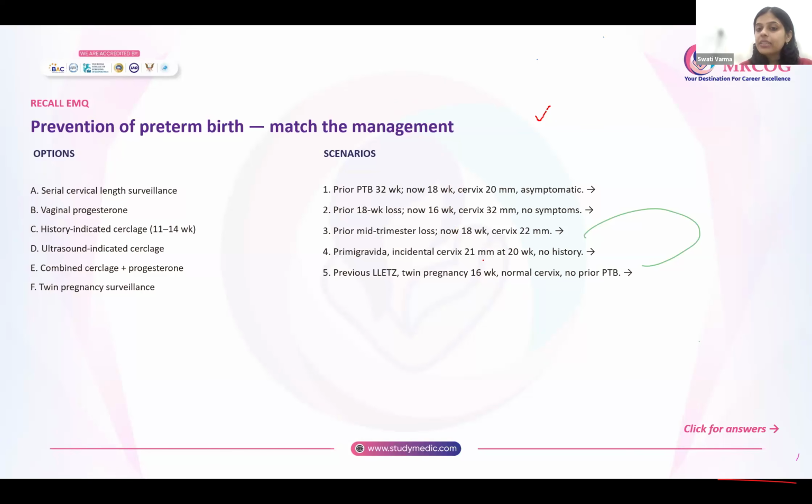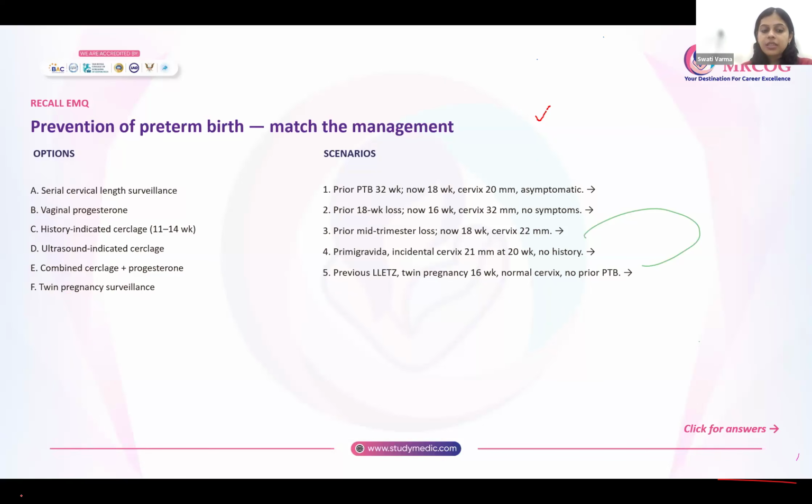Primigravida, incidental cervix found to be short at 20 weeks. There is no history as such. So here, according to NICE guideline, we can consider prophylactic vaginal progesterone. Previous LEEPs, twin pregnancy, 16 weeks, normal cervix, no prior preterm birth. Now here, only twin pregnancy surveillance needs to be carried out because we won't carry out cerclage anyhow.